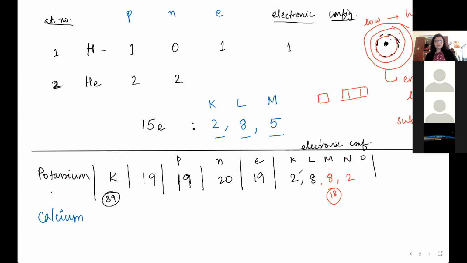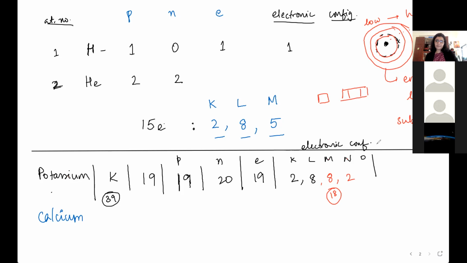Their configuration will first fill 8 electrons in the third shell, then go to the fourth shell, and once the fourth shell has 2 electrons, it will come back to the third shell. It's a little complicated that way. That's why you don't have iron and copper and all of that.